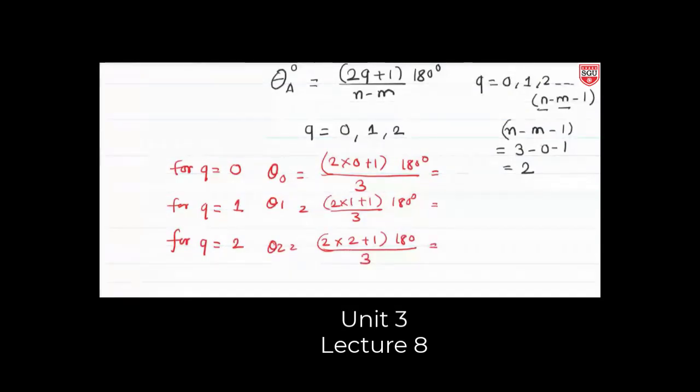Here it will be 0 plus 1 means 1, 180 divided by 3, it is 60. Definitely. Then next, 60, 180 and 300. Yes, 60, 180 degree and 300. So these are the 3 asymptotes that we found.